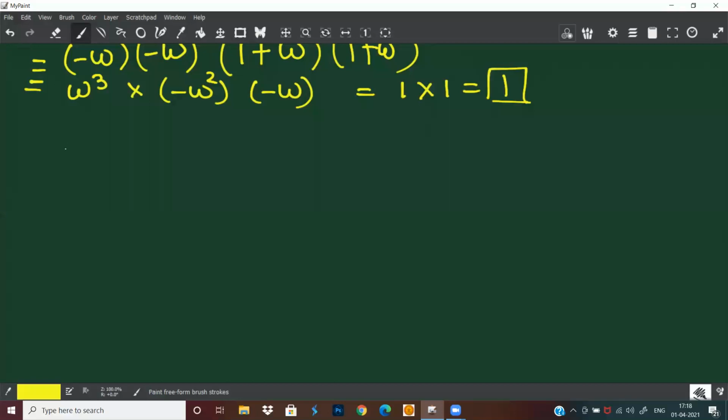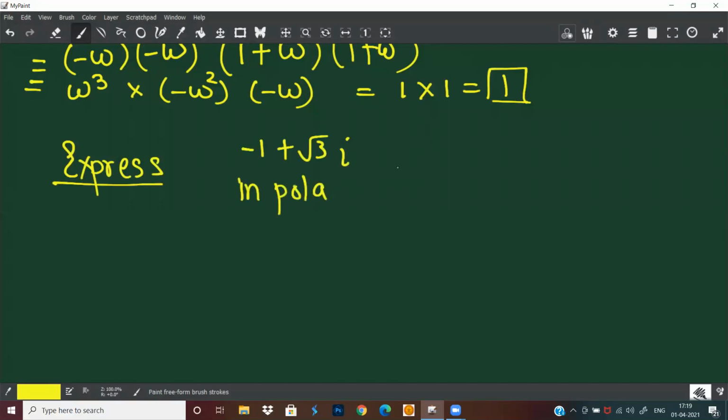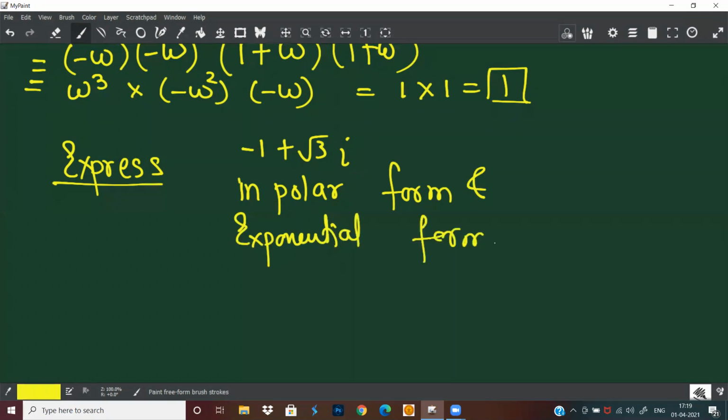Now this type of sums we did last time. Express -1 plus √3i in polar form and exponential form. You remember? Have I done the same sum or different sum? You take it as x plus yi.